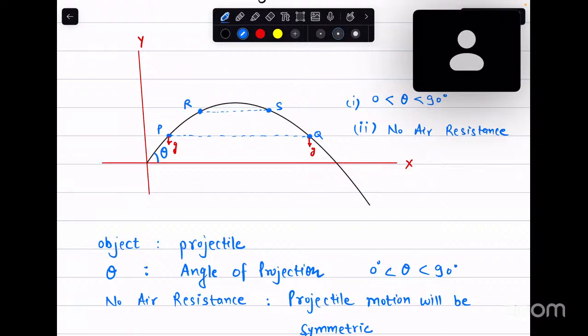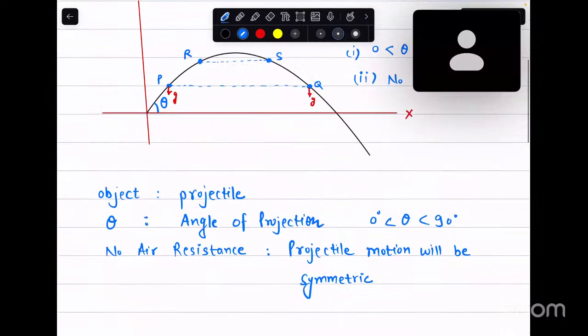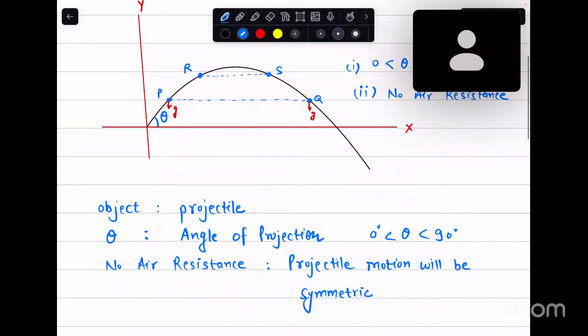Okay. Next point is, if this particular object is projected with a certain speed given by u at an angle of theta, then how will we deal with the projectile motion? So let's take a simple case. Here we have an object.